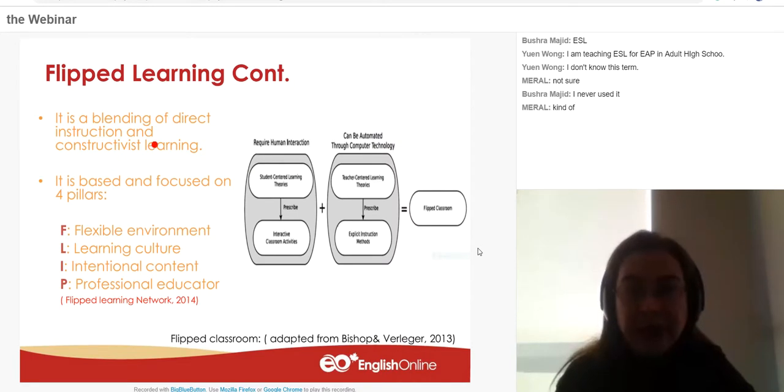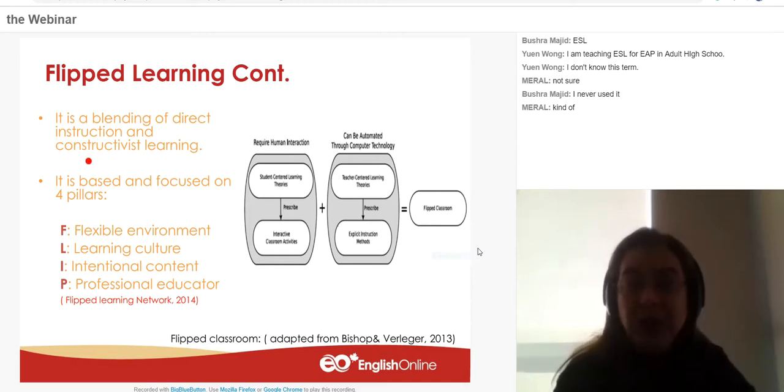To continue on that perspective, or to continue the definition of flipped learning, it is a blending of direct instruction, the part where the students receive the new information they need to understand or remember, and constructivist learning.